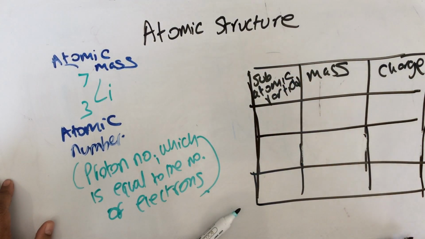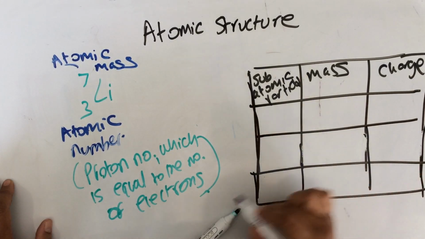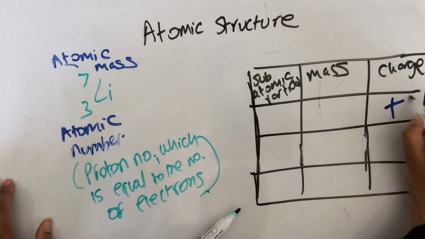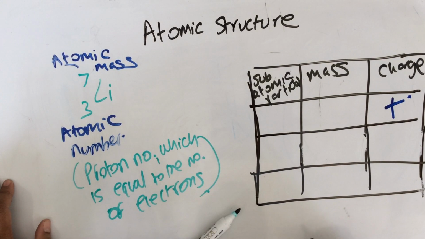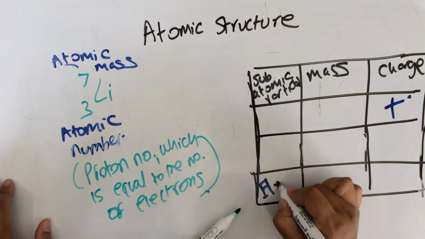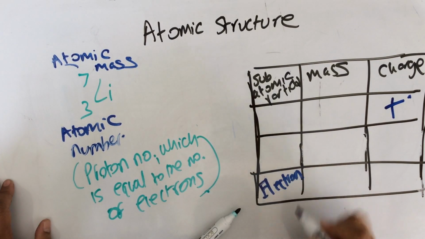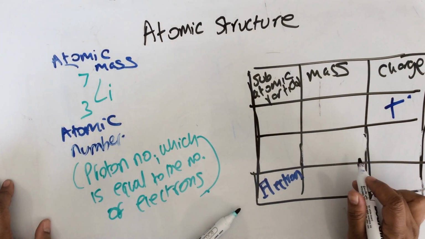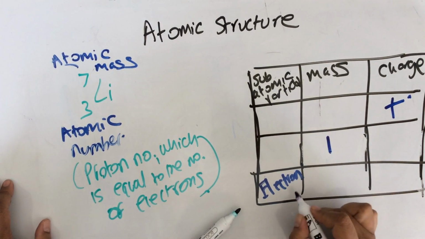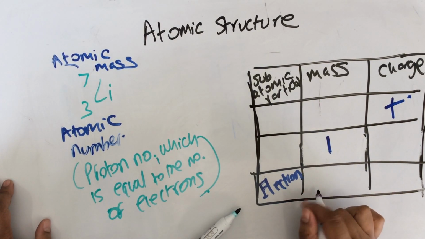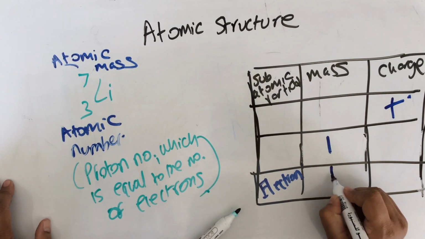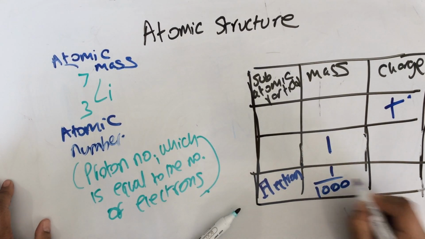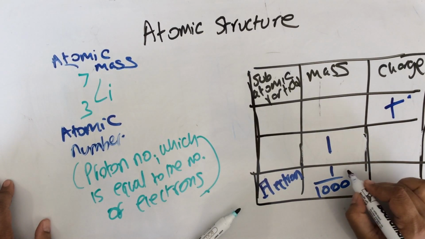So let's say they gave you a charge for this, and they gave you the name of the electron here, and they gave you the mass here. If the mass on this is 1, electrons have very little mass. So you can write 1 over 1,000, or you can write a very small amount.